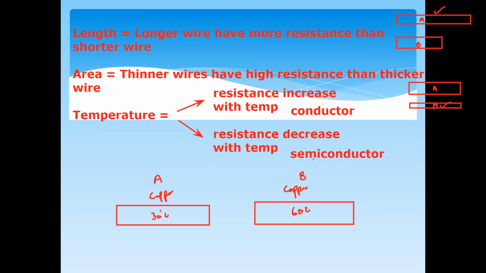Yeah, that's right. B will have the high resistance, because in copper, which is a conductor, the particles are not able to move easily. That's why the resistance increases.